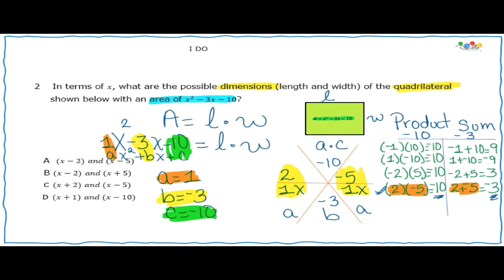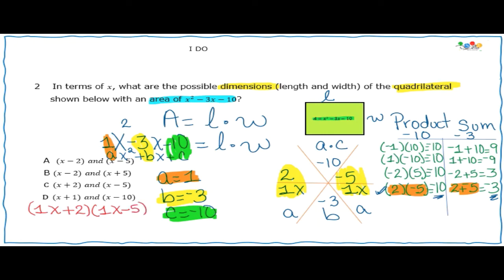So let's rewrite my factors. My first factor will be 1x plus 2. I'm going to put it way over here. And the next one will be 1x minus 5.